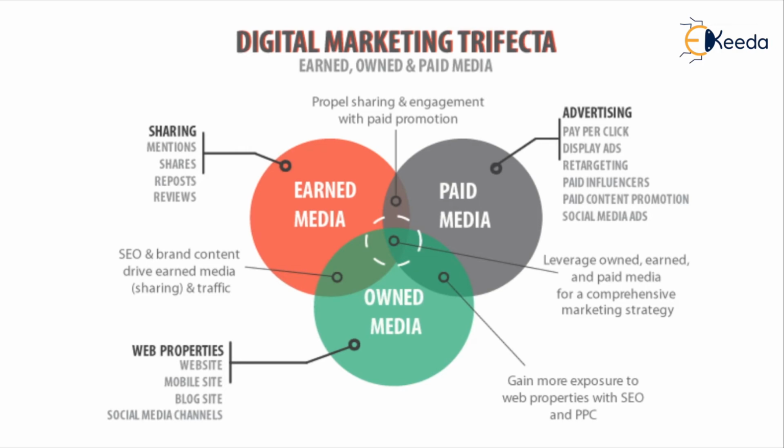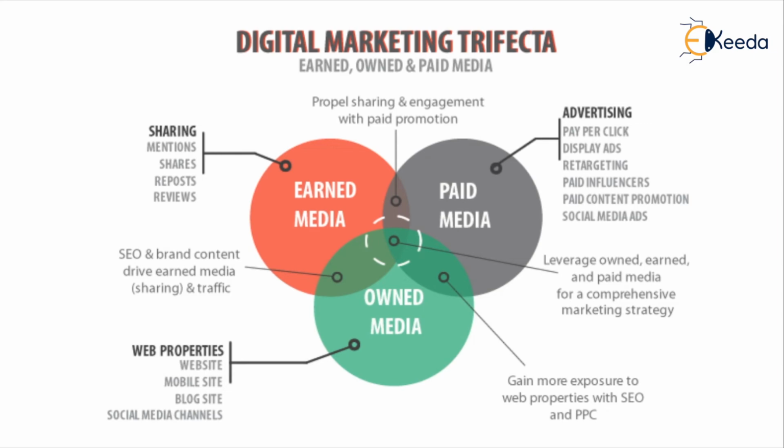The third aspect of this trifecta is the earned media. This is something you really can't pay for. This you can achieve by delivering value to your target customers, by actually delivering on the promises that you made when you were trying to sell a product, a service, or a solution. And this is something which brands achieve over time with the help of social mentions, shares, reposts, reviews.